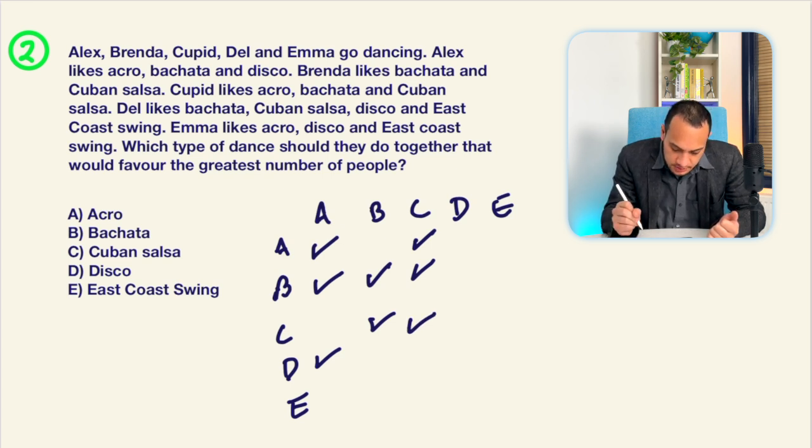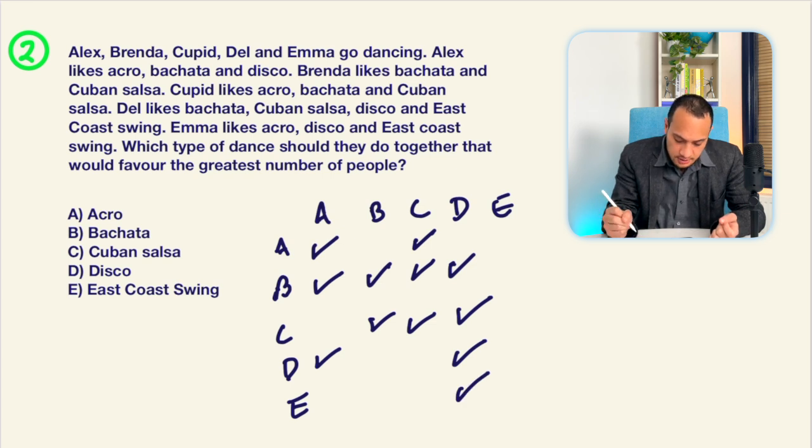Then we've got Dell. So Dell likes bachata, Cuban salsa, disco and East Coast swing. So we can tick those. Dell is not fussy. Emma likes acro, disco and East Coast swing.